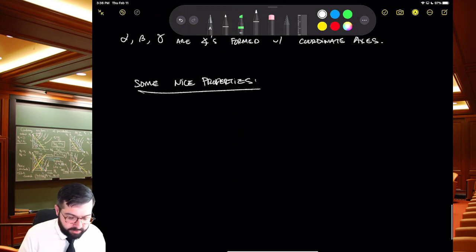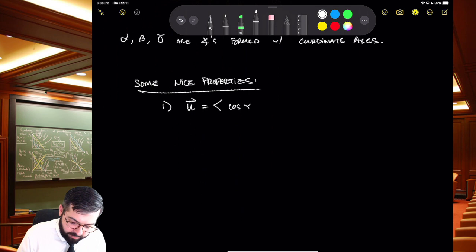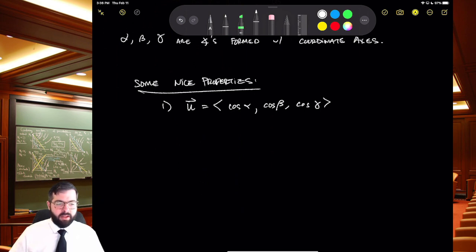And the first is that if we create a vector with cos alpha, cos beta, cos gamma, it's a unit vector.